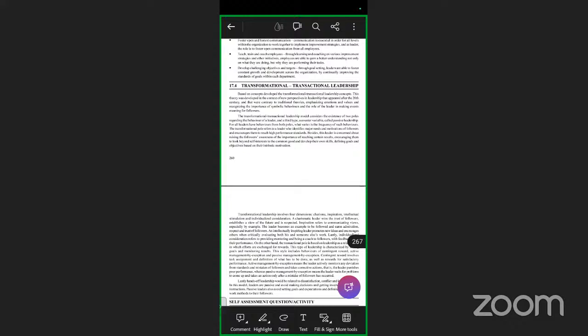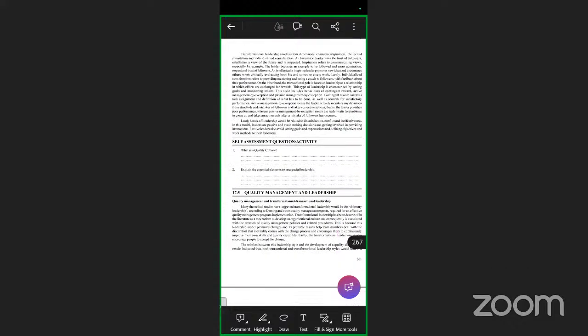Leaders show behavior from both poles, varying its frequency, and encourage followers to reach high performance standards. Besides this, the leader is concerned about raising followers' awareness of the importance of reaching certain results, encouraging them to look beyond self-interest toward the common good and to develop their own skills. So these are the things.